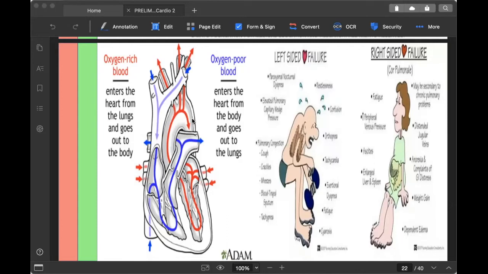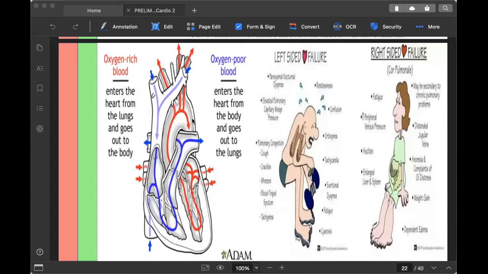Now let's go to right-sided failure. It is usually the right side that will have a problem, same as the left, experiencing tiredness and being fatigued. The patient will experience weight gain, because the fluid is already leaking and pressure is increasing. Now, when the pressure is increasing, you will have a distended jugular vein, which is very palpable, or you can actually assess this in patients who are having right-sided failure.